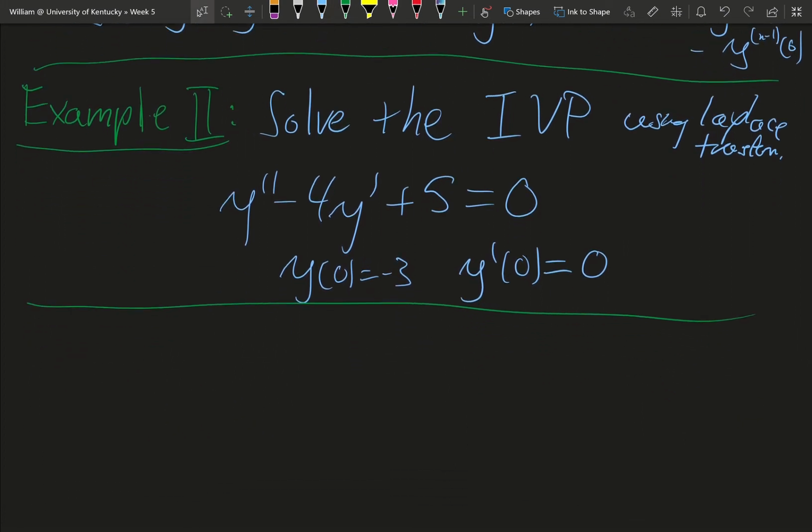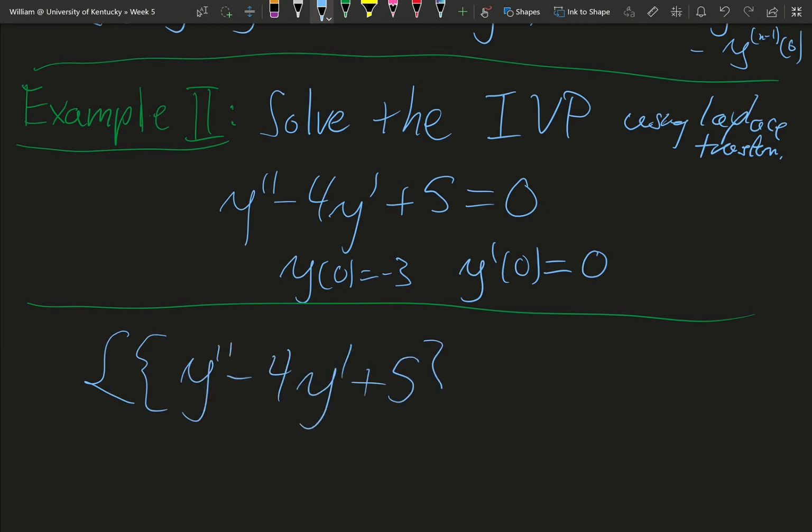Still very straightforward. We could definitely solve this without the Laplace transform. However, let's still use the Laplace transform. Let's switch color.